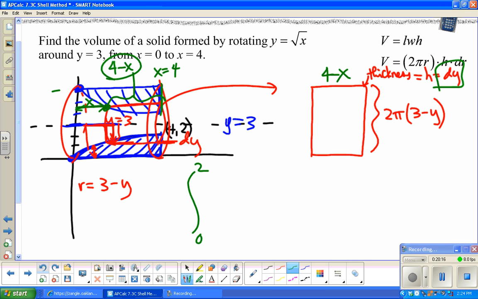And I'm not going all the way up to 6 because really I'm just talking about the curve. These are the y values of interest because the other half of this happens automatically, part of the circumference times height times whatever. Okay, so this is 2 pi times 3 minus y times 4 minus x.